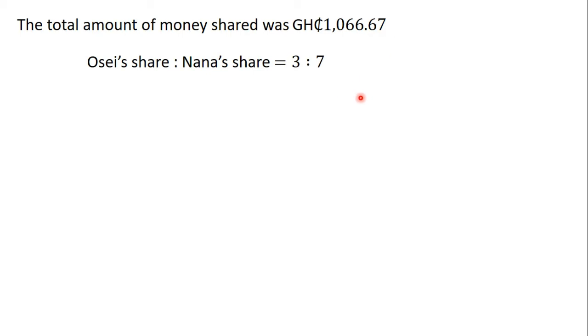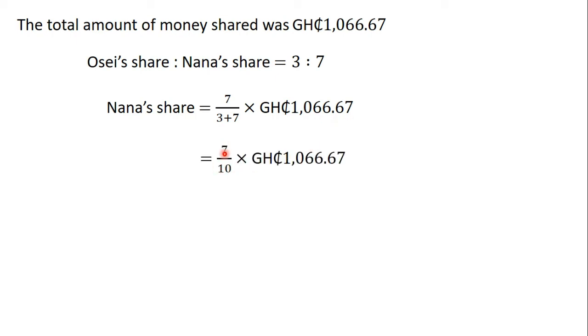We can now find Nana's share. We know that the ratio of Osei's share to Nana's share is 3:7. So Nana's share will be equal to Nana's part of the ratio, which is 7, divided by the total ratio, which is 3 plus 7, times the total amount of money that was shared, which is 1,066 Ghana cedis, 67 pesewas.